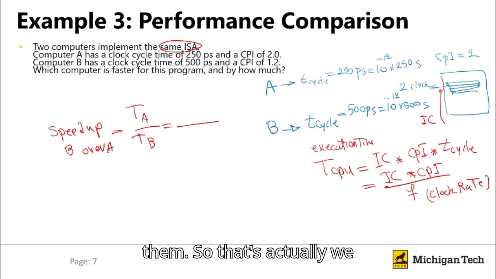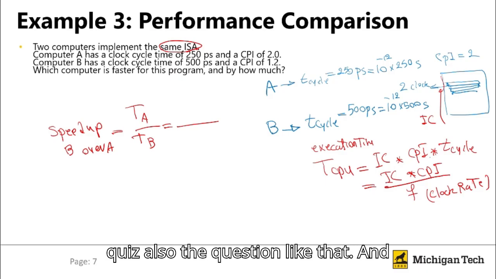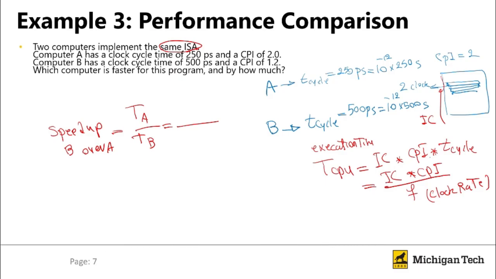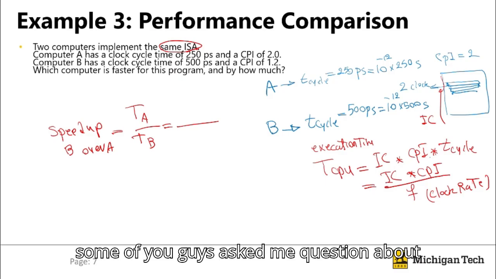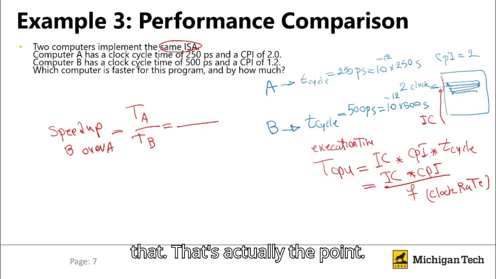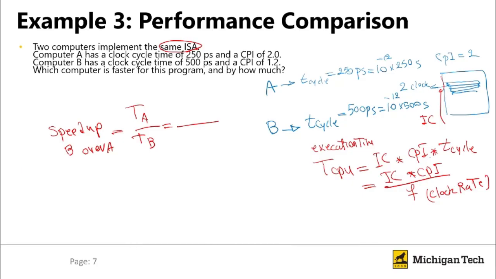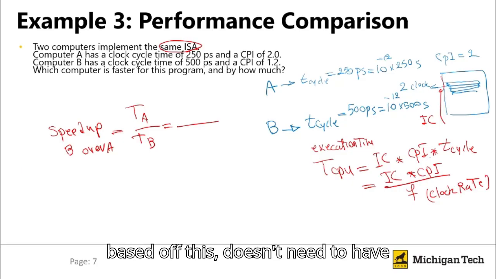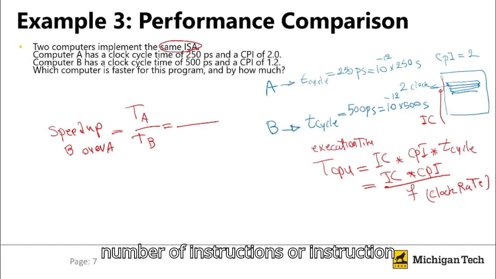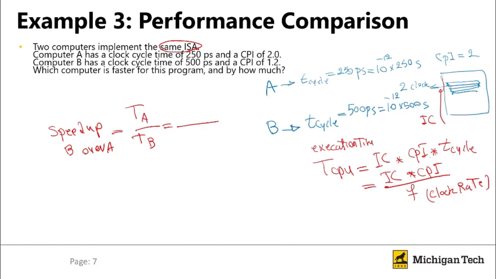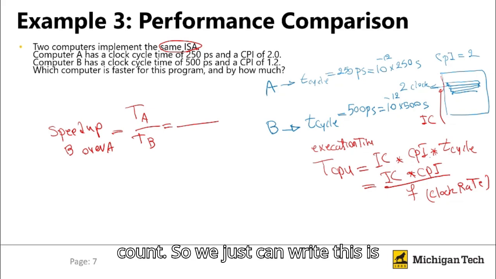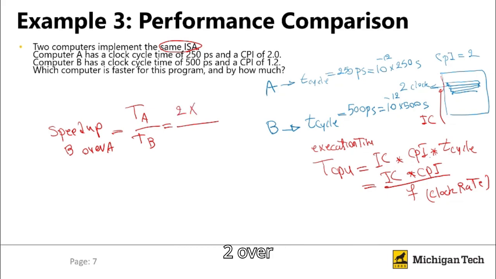That's actually what we had in your quiz also, a question like that, and some of you asked me about that. That's actually the point. So here we can write it based just off this, without needing the instruction count. So we just can write this as 2 over 250.